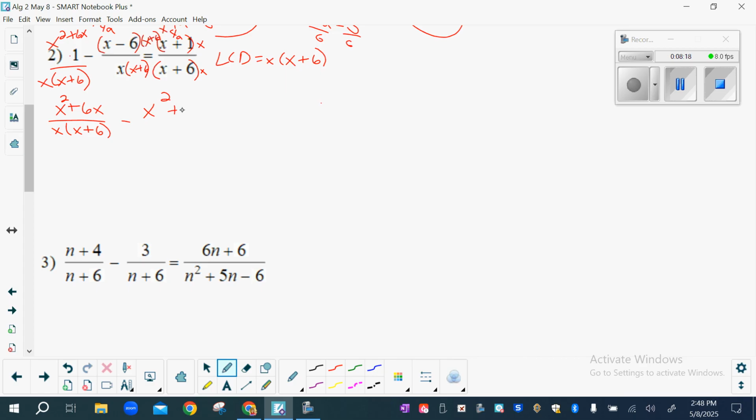Plus 6x. So you could say minus 6x. And then what next? So you have to distribute x squared plus 6x and then minus 36. So these cancel, don't they? So I'm going to go ahead and save space and make it x squared minus 36.